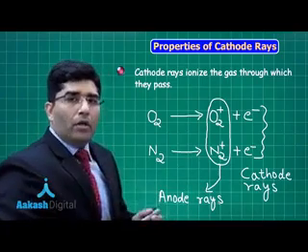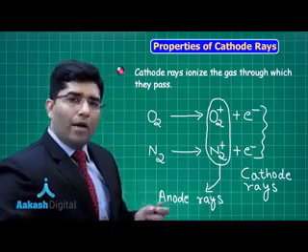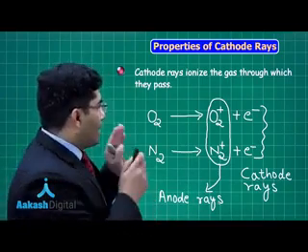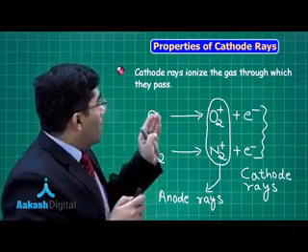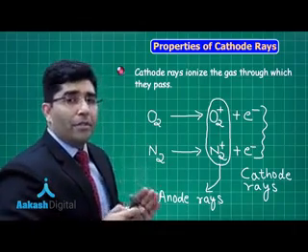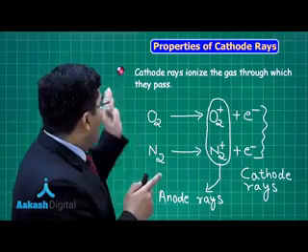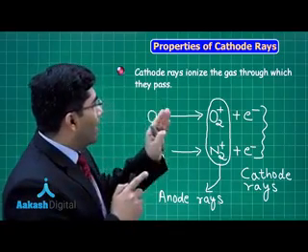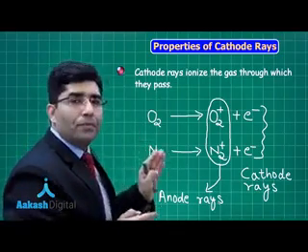Don't worry, we will discuss anode rays also. Let us complete the properties of cathode rays first, right? So that's how cathode rays ionize the gas through which they pass.